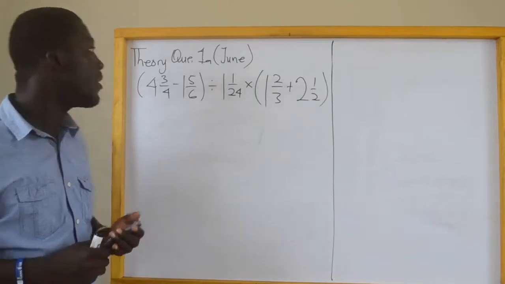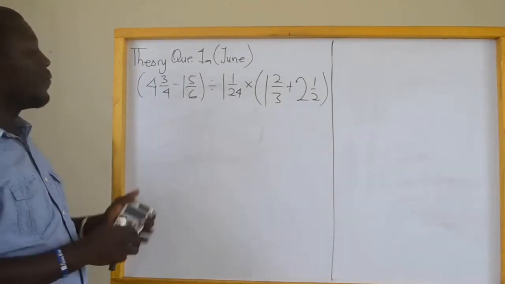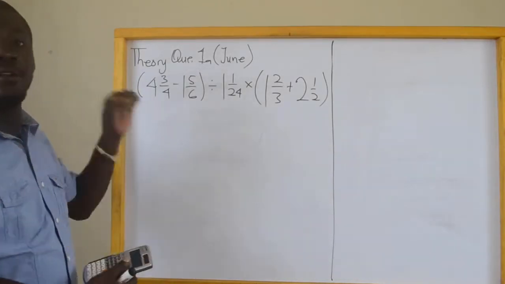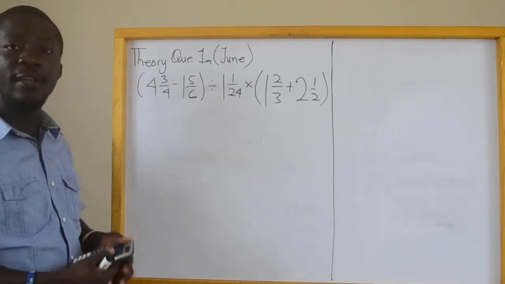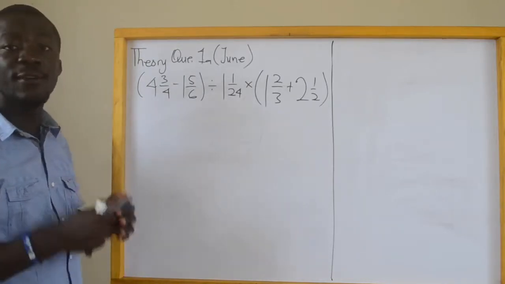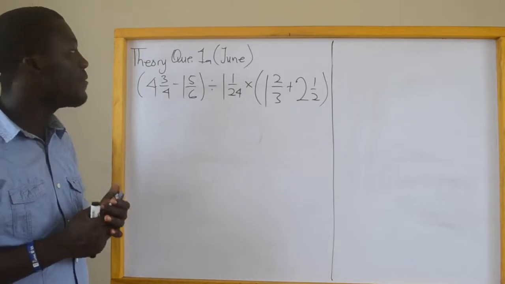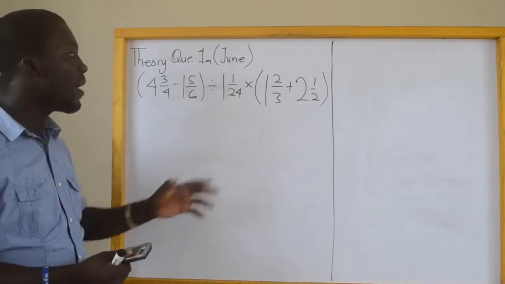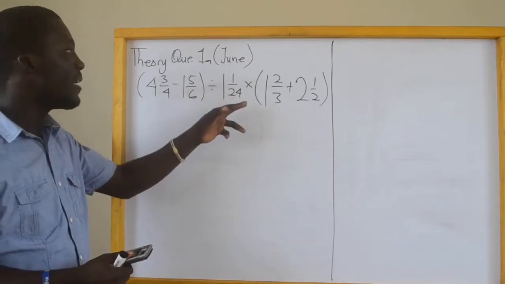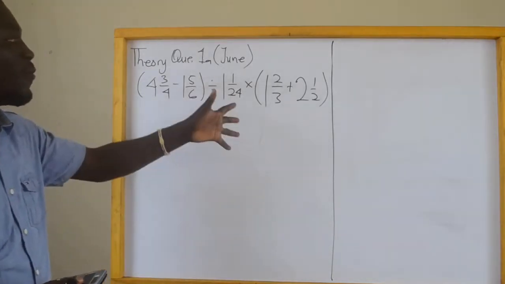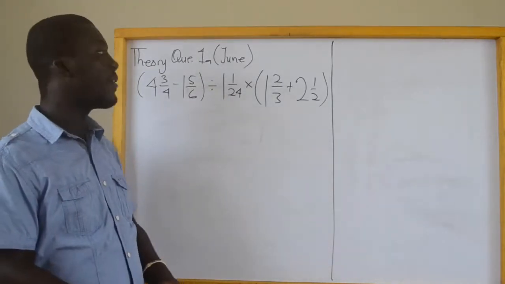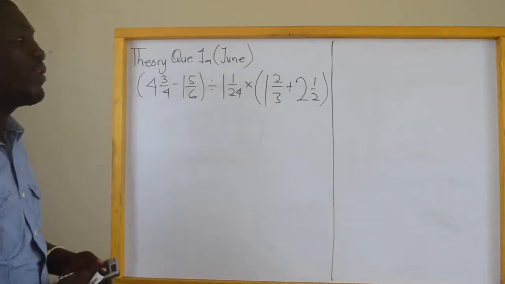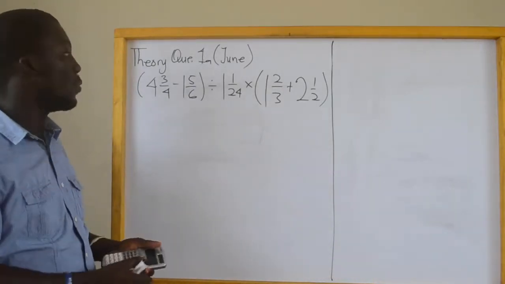Our theory question 1a says we should simplify 4 and 3 over 4 minus 1 and 5 over 6, divided by 1 and 1 over 24, times, in brackets, 1 and 2 over 3 plus 2 and 1 over 2.